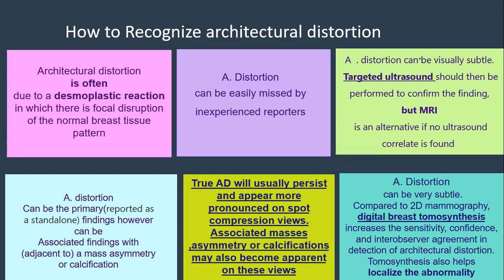When we call an area distorted, one of the criteria is no underlying mass lesion, but the distortion can be seen in the vicinity of a mass. You might have a mass, and in the adjacent parenchyma you would find an architectural distortion. Or it can be associated with asymmetry, calcifications, or other findings.